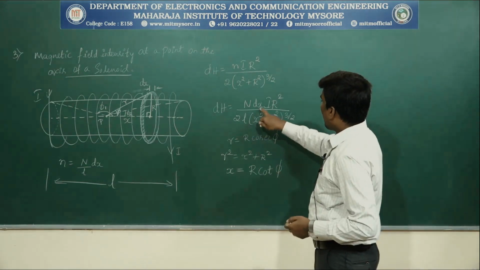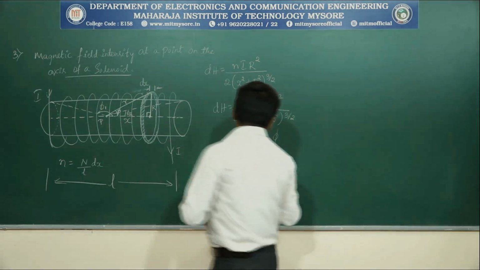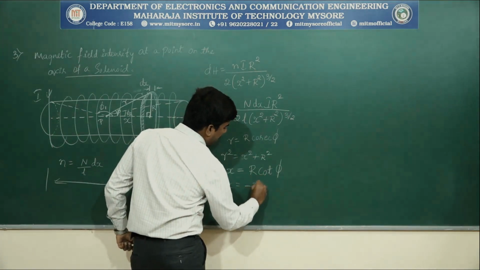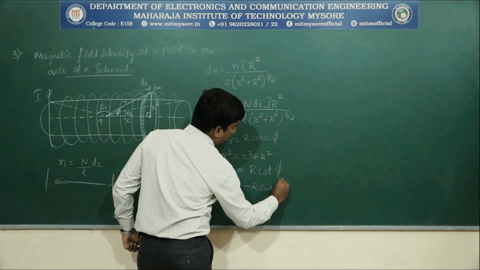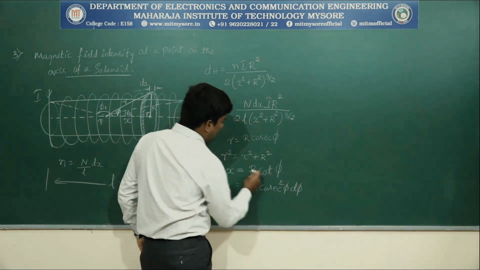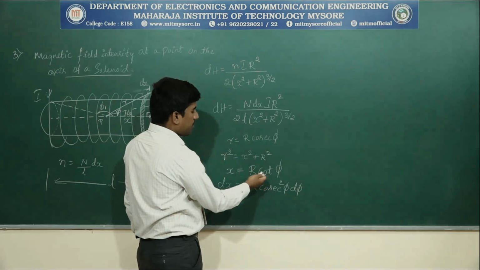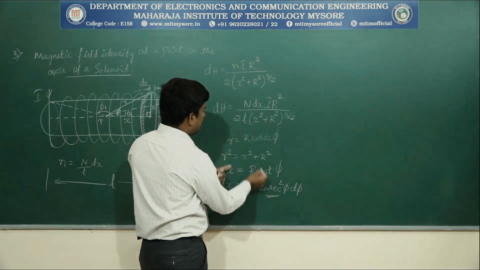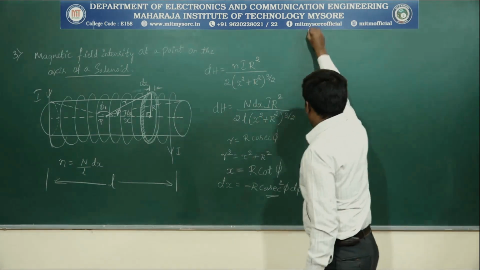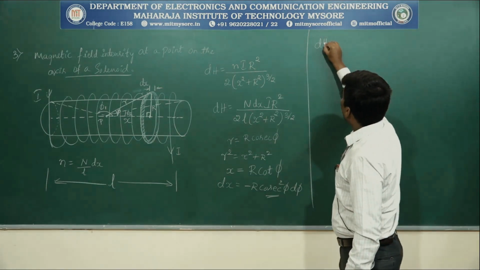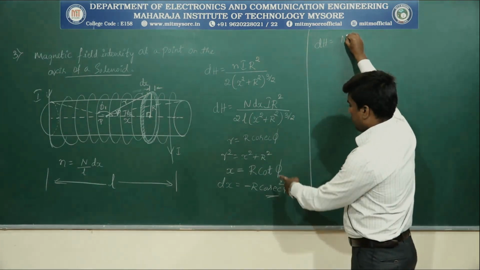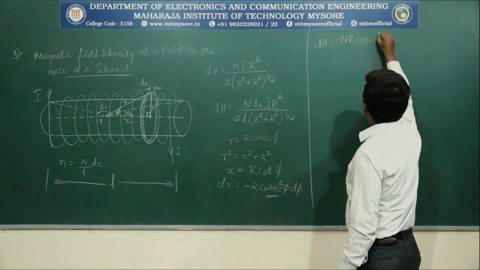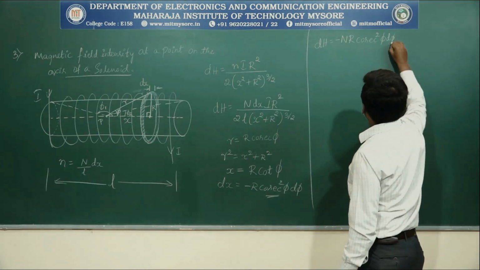Now we need the dx component here, therefore differentiate this equation. Then dx is equal to minus R cosecant square phi into d phi. R is constant, take it outside. The differentiation of cot phi is minus cosecant square phi into d phi. Substitute these two components into the above equation. Therefore dH is equal to n into minus R cosecant square phi into d phi.